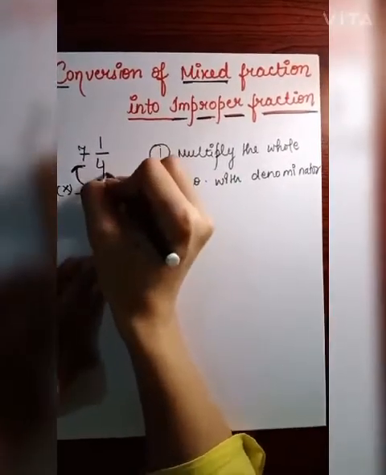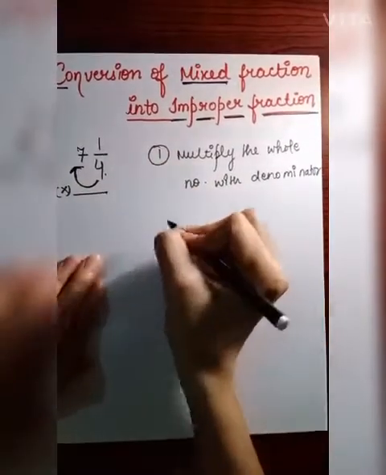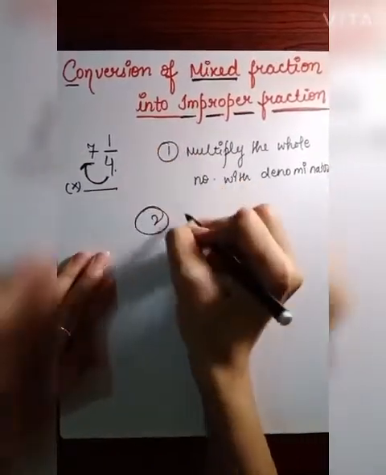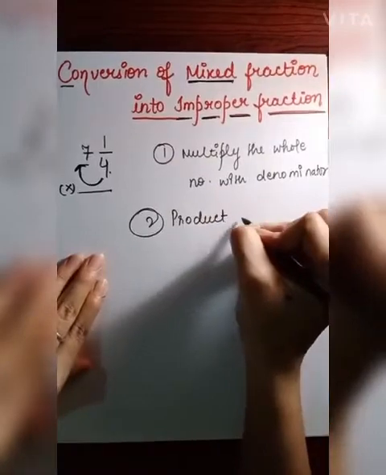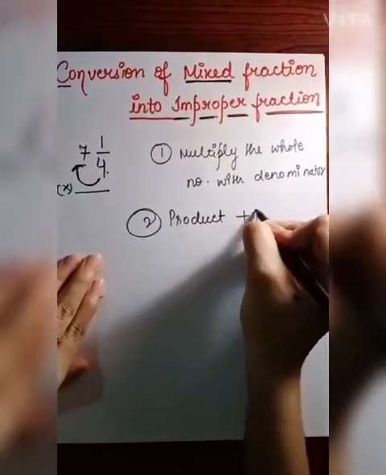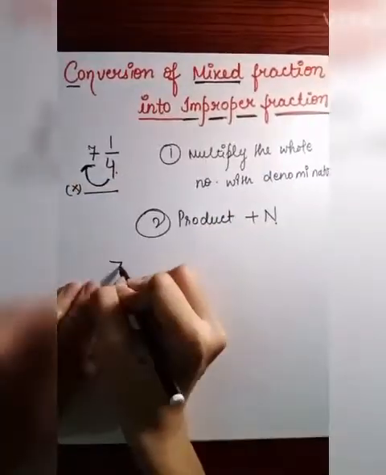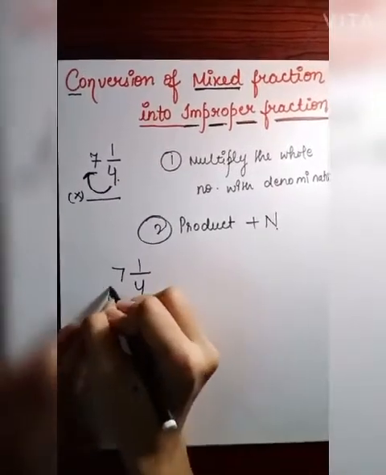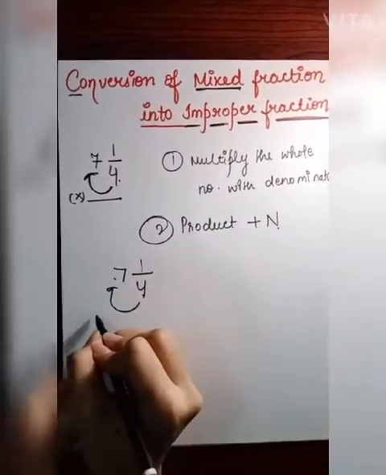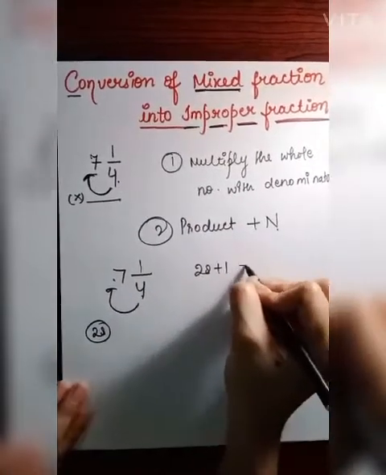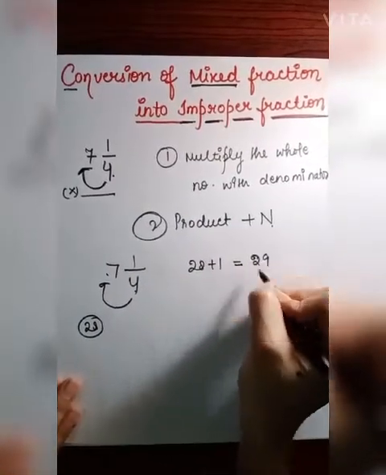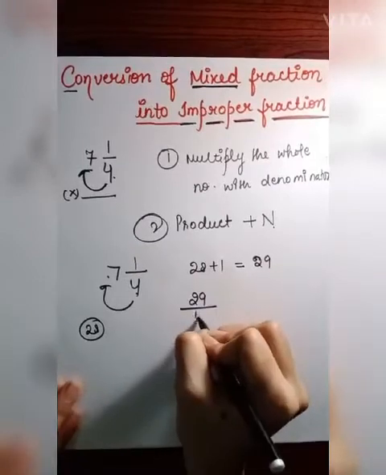What is 4 into 7? It's 28. Second step, we are going to add the numerator to the product. So 4 into 7 is 28. If we add 28 plus 1, it is 29. So we will write it as 29 upon 4.